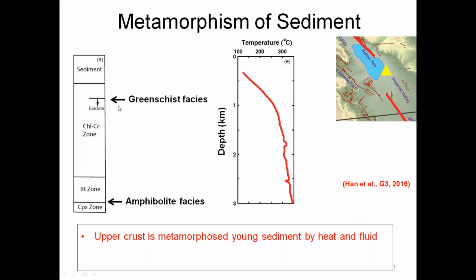Greenschist facies with the mineral epidote is observed at 900 meter depth, where temperature is about 240 degrees C. And amphibolite facies is observed at 3 km depth, where temperature is about 350 degrees C. So the upper crust in the Imperial Valley is young sediment metamorphosed by high heat and fluid.